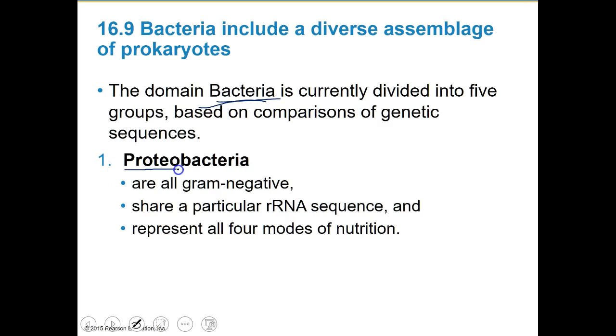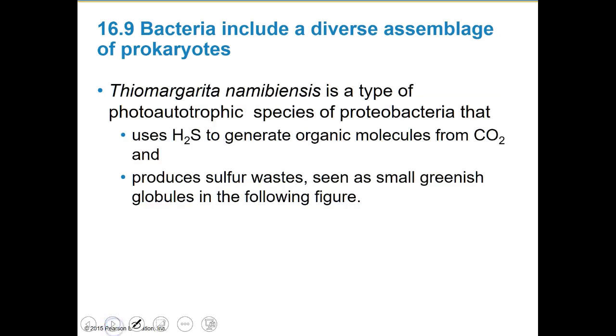The first thing that we have is Proteobacteria. These are all gram-negative, and they share an RNA sequence. They have all 4 modes of nutrition, so they're fairly diverse. So that's the first one: gram-negative, RNA sequences are shared. A good example is Thiomargarita namibiensis, a photoautotrophic species of Proteobacteria.